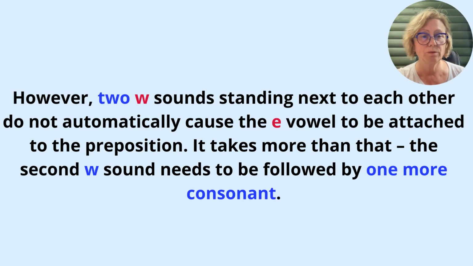However, two V sounds standing next to each other do not automatically cause the e vowel to be attached to the preposition. It takes more than that. The second V sound needs to be followed by one more consonant.